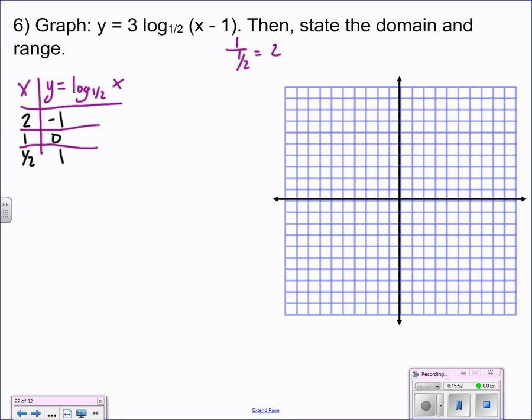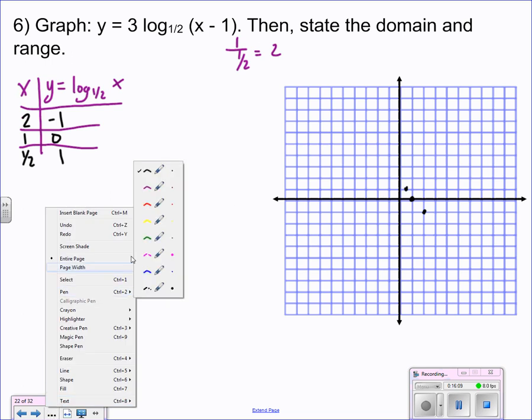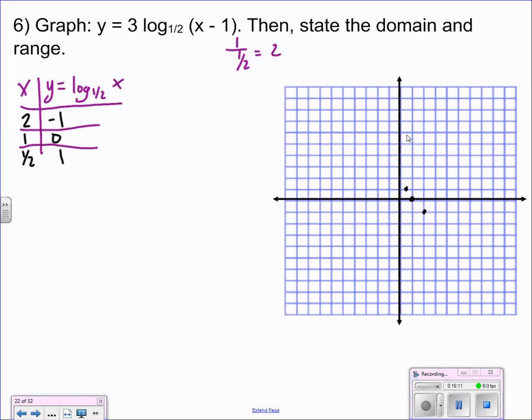So 1, 0 is here. 2, negative 1 is here. And 1 half, 1 is up here. So this would be the parent for this particular base.